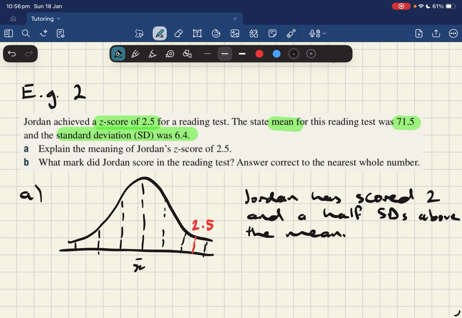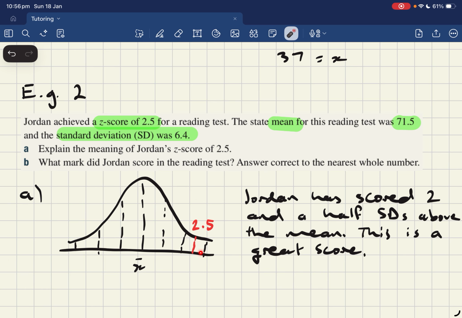Now, this is a great score, because remember, not a lot of people get up here. Just between -2 and +2, so below the score that he's got, 95% of people live within this range. He is above that range. He's on the upper section of this particular reading test.